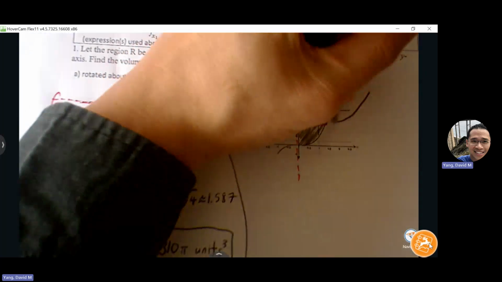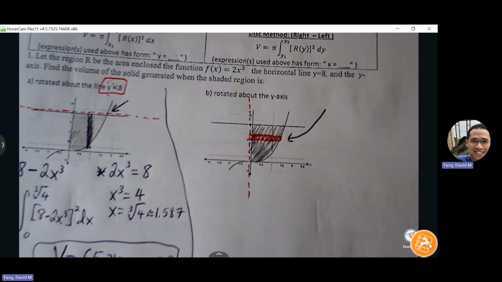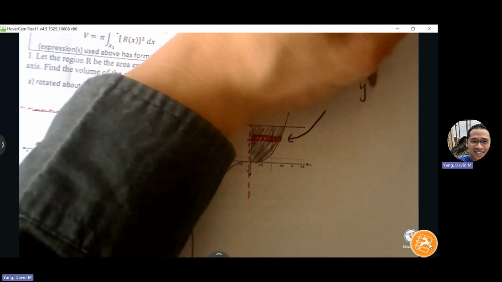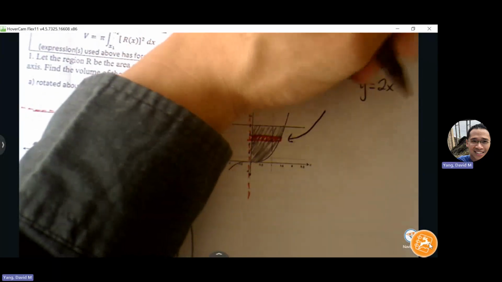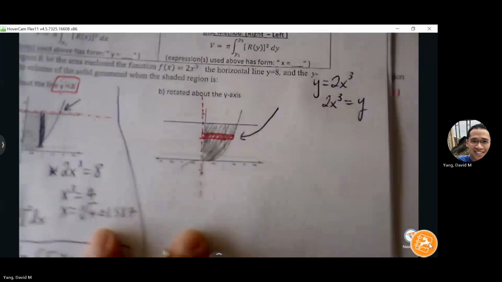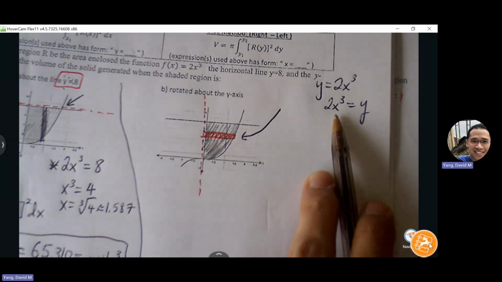So this equation, it is y equals 2x cubed, but we got to rearrange it. So we got to solve for what? X. So y equals 2x cubed. I'll make this 2x cubed equals y. So how can I do things so that eventually I am able to solve for x? First, I can do what?